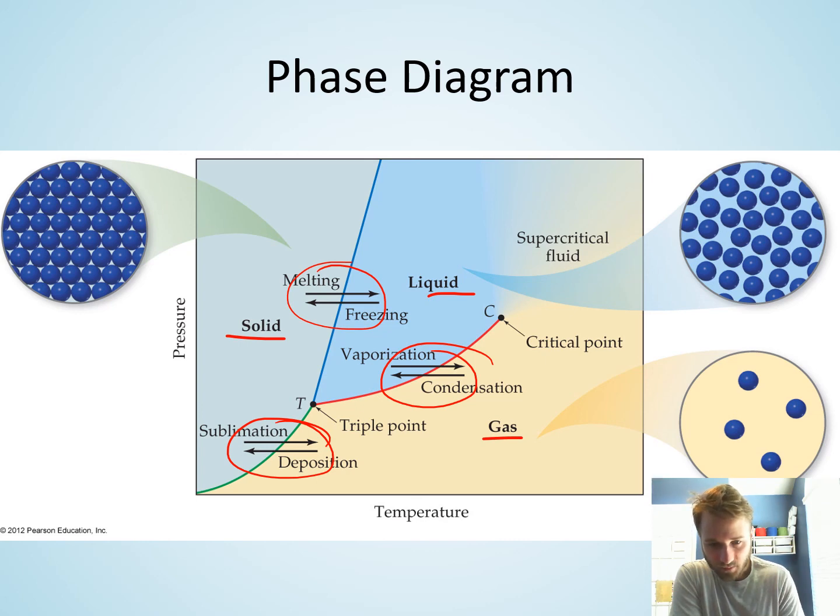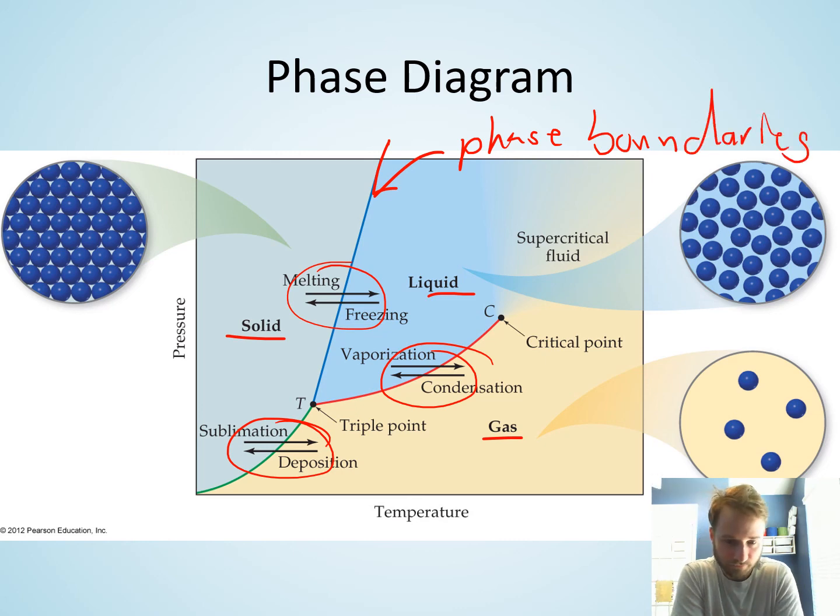These phases are separated by what are called phase boundaries. So these lines here are our phase boundaries, and what occurs at these phase boundaries are these phase changes, the meltings, vaporizations, and so on.